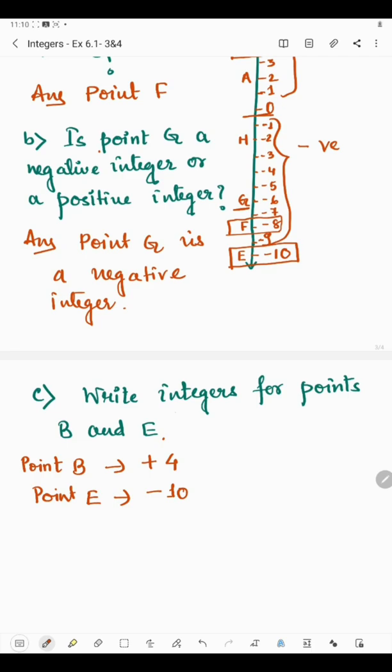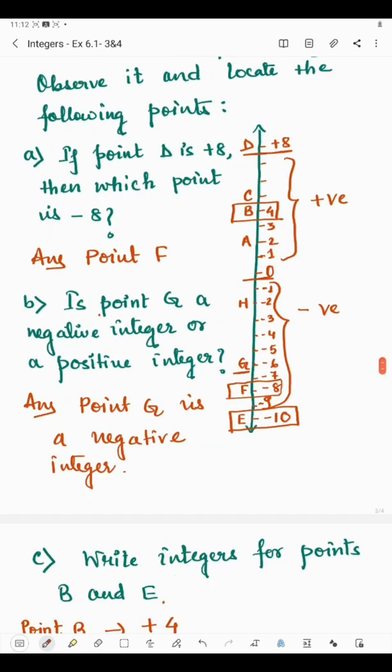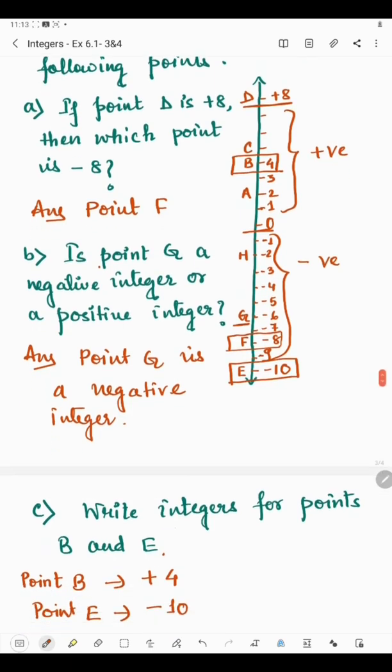Now coming to D part. In the D part we have, which point marked on this number line has the least value? Least value means the lowest value. Now if you see the figure here, positive numbers cannot be the lowest value, because here the numbers are decreasing.